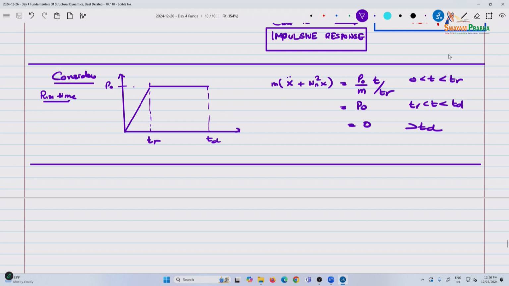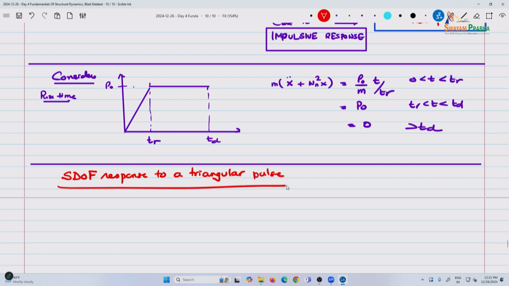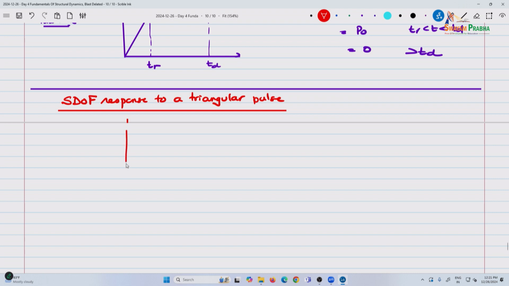Now to further solidify, let us look at the SDOF response to a triangular pulse. So, we are looking at a scenario with P naught and Td.